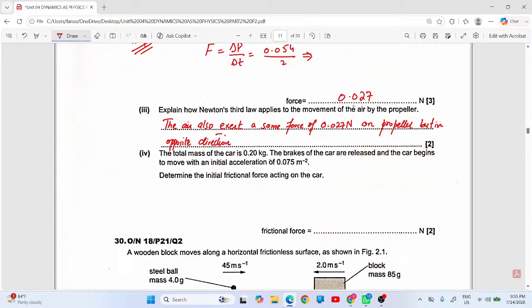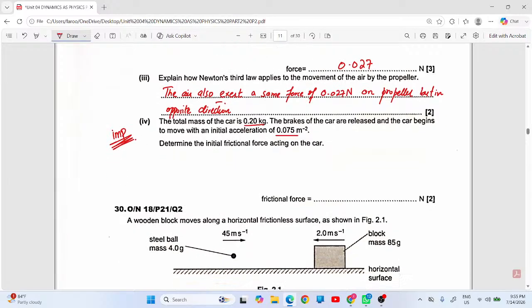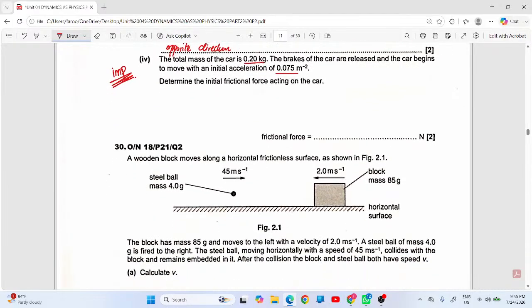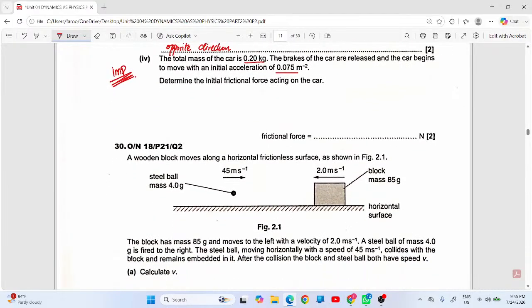Next, the total mass of the car is given. The brakes are released and the car begins to move with the given initial acceleration. Determine the initial frictional force acting on the car. Frictional force, so which formula should we use? F equals ma.